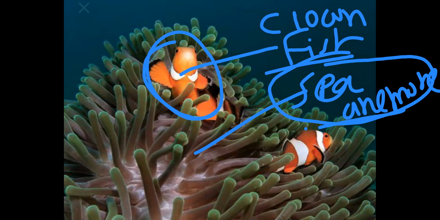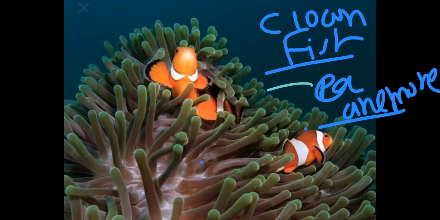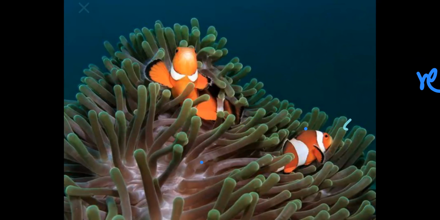Here this fish gets protection from its predators, right? How? Because they live with the sea anemone. Sea anemone has these tentacles. Due to the presence of these tentacles, predators do not prefer to eat these fish.